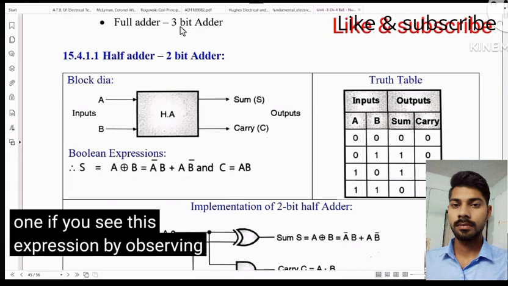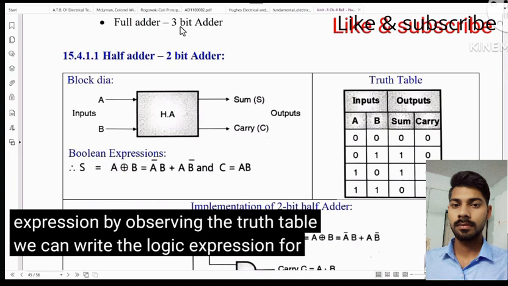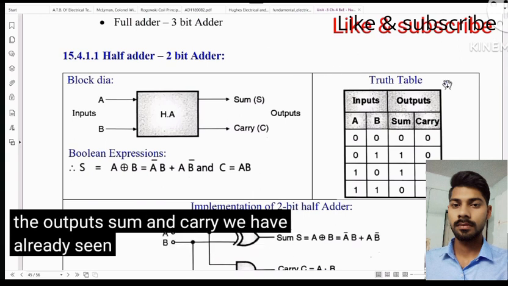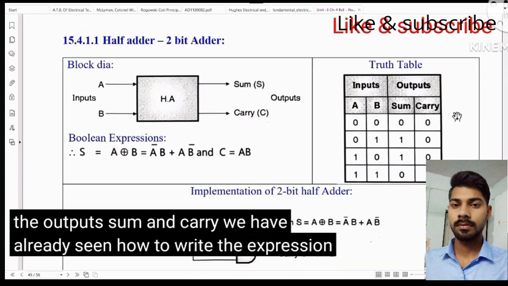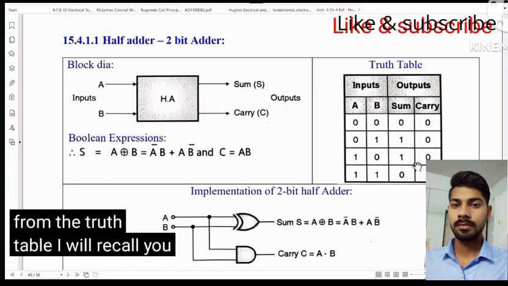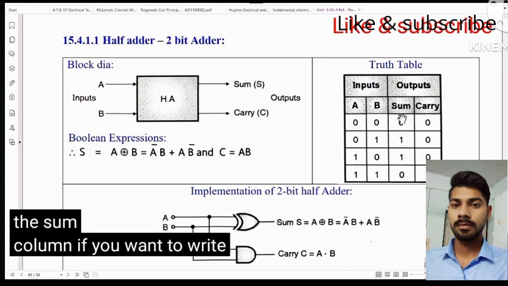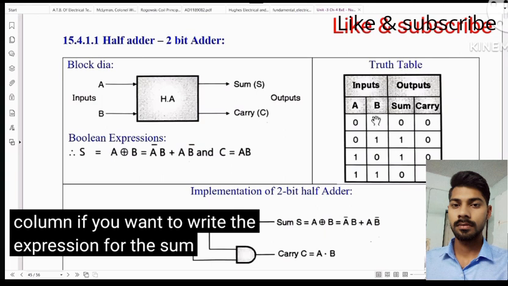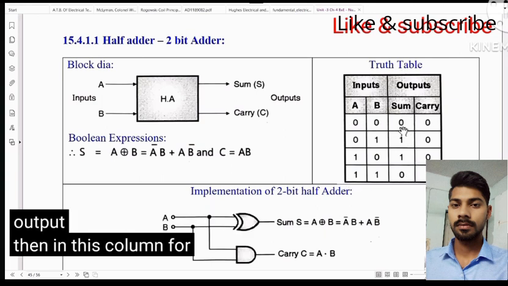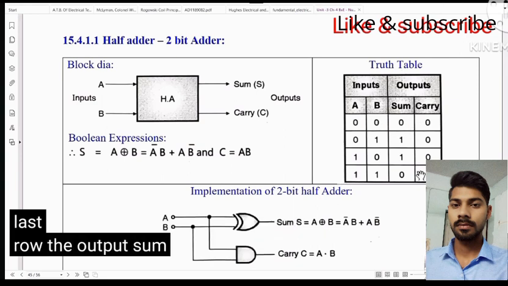If you see this expression, by observing the truth table, we can write the logic expression for the outputs, sum and carry. We have already seen how to write the expression from the truth table. I will recall it for you. Let us consider the sum column. If you want to write the expression for the sum output, then in this column, for the first row and last row, the output sum is 0.